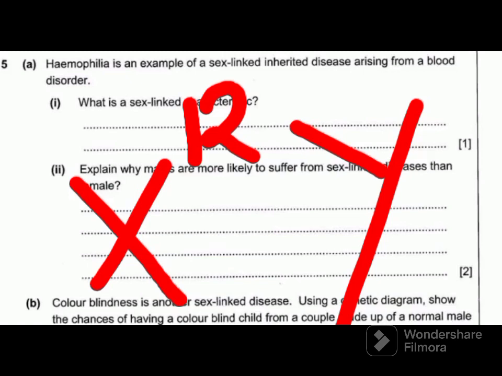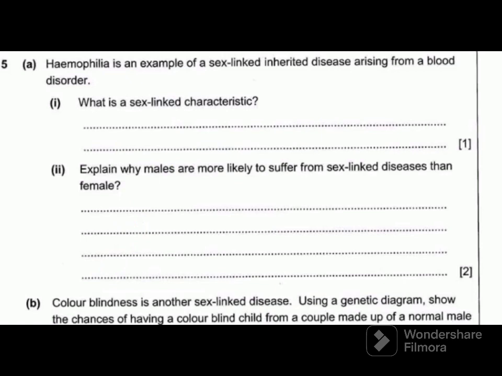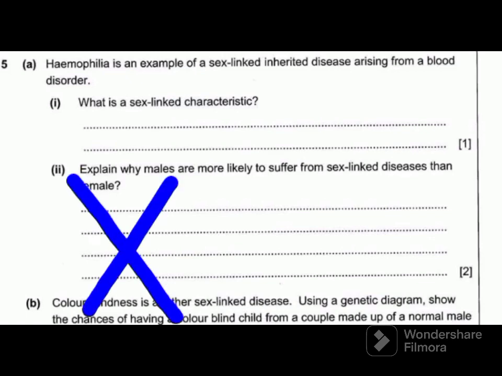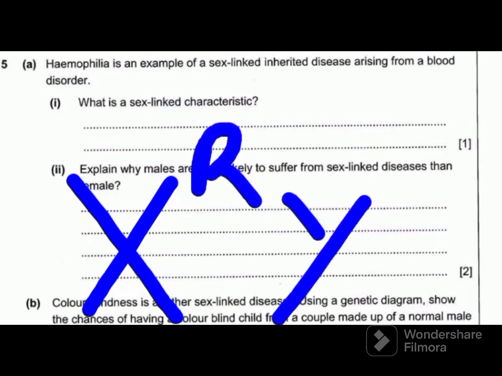Let us also determine the genotype of the female parent. The female parent was a carrier, so we are going to write it as X to the power capital letter R and another X to the power small letter r, to show that this female parent is a carrier.